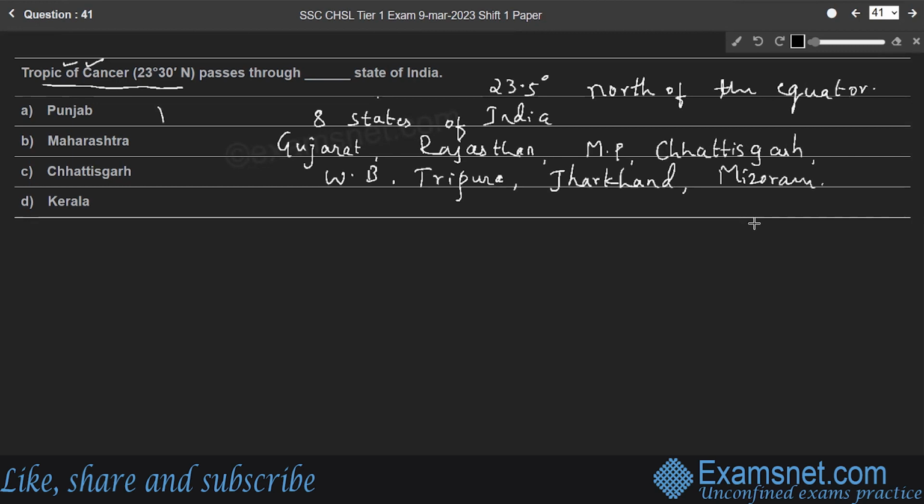Right? Out of the 4 options, the Tropic of Cancer, 23 degree 30 minute N passes through Chhattisgarh state of India. Option C is the right answer.